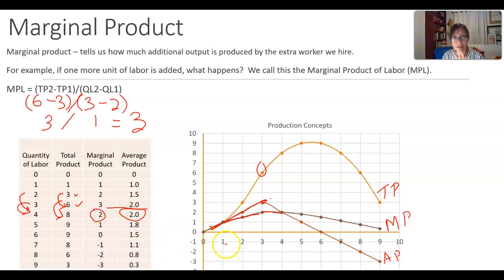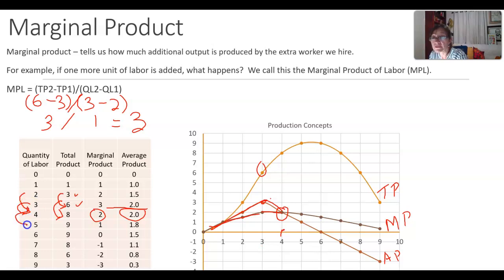So this means that as we go to person number 4, our marginal product is dropping. Now, marginal product is always going to intersect average product at the highest point. So that has implications. Now, when this happens, we know that going forward, our productivity numbers are going to drop.